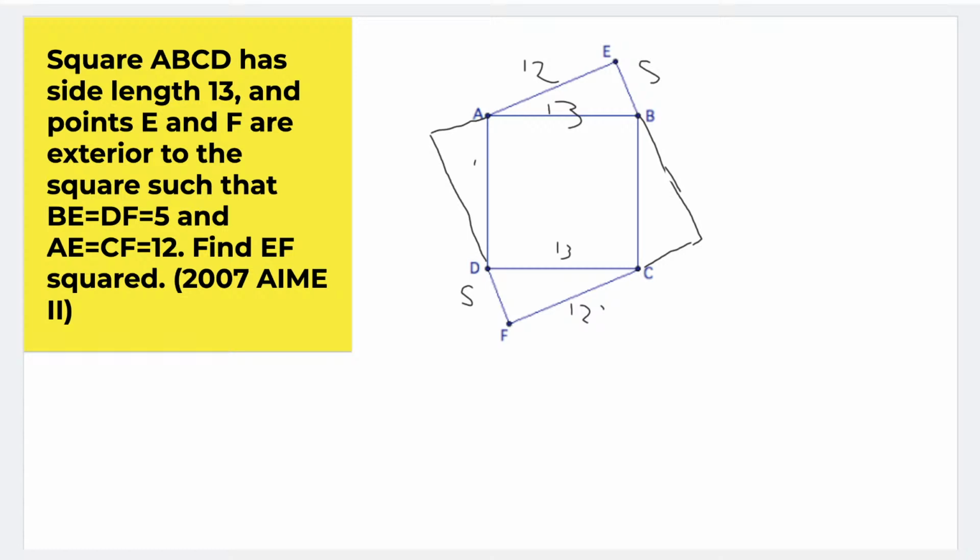Now, did you see how we turned such a complicated looking problem into just a normal square?